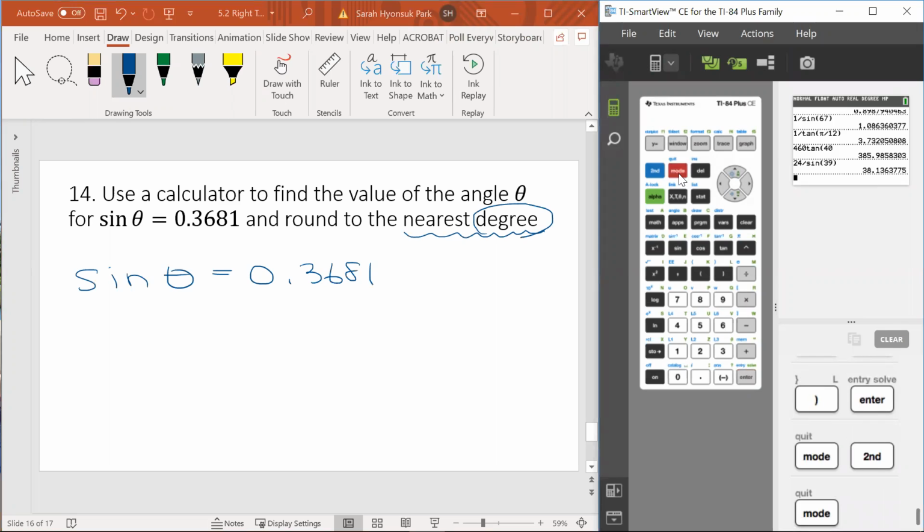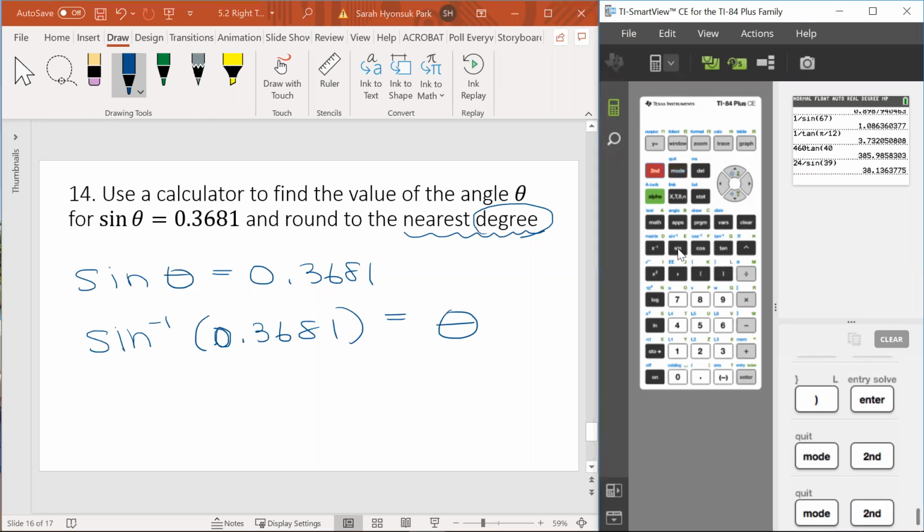When you're given the output and you want to find the angle that gave you that output, what you have to do is use the inverse function. And so what happens is if you do the inverse sine, you can put the output in for the input, like this, and that will give you the angle. If you look for the inverse sine, it's the button right above the sine.